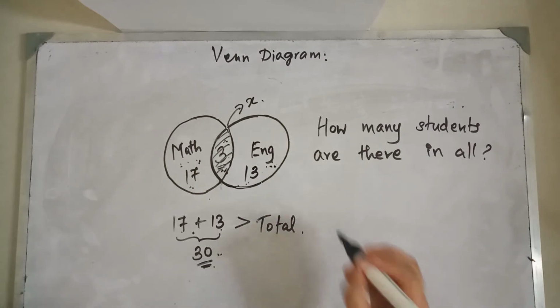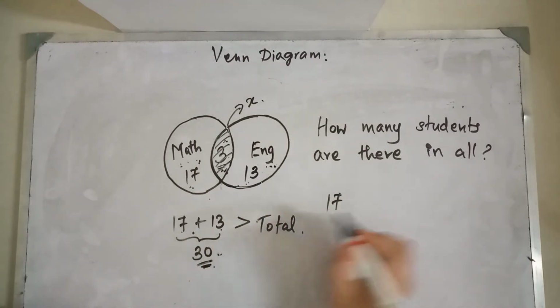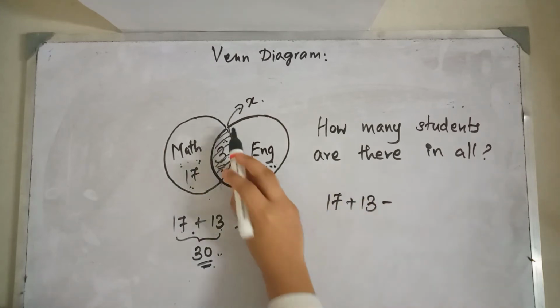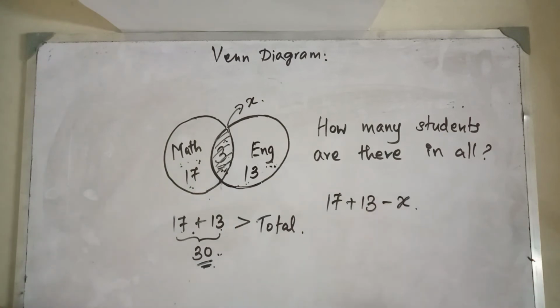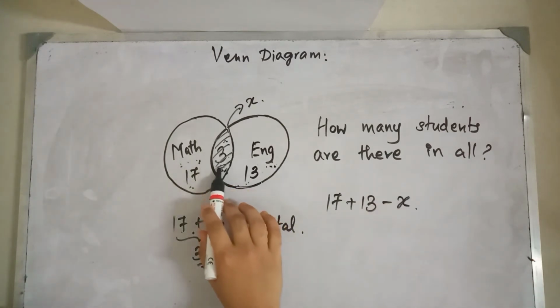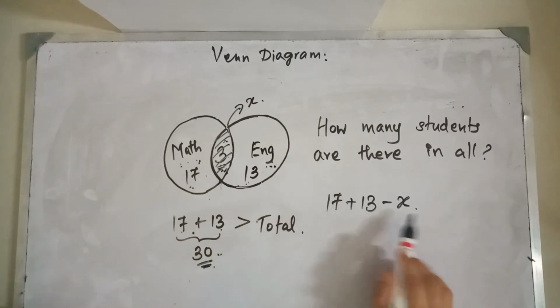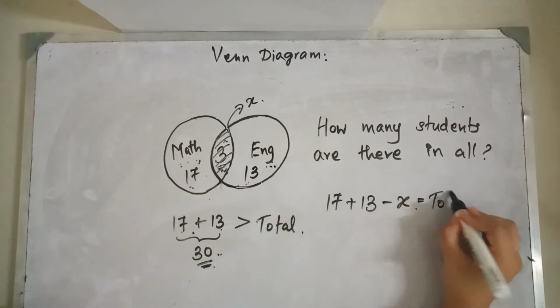So what we'll have to do in such a case is we take this total and we subtract one overlapping region. We subtract X, where X is equal to the number of students who overlap. So now this will give us the total number of students.